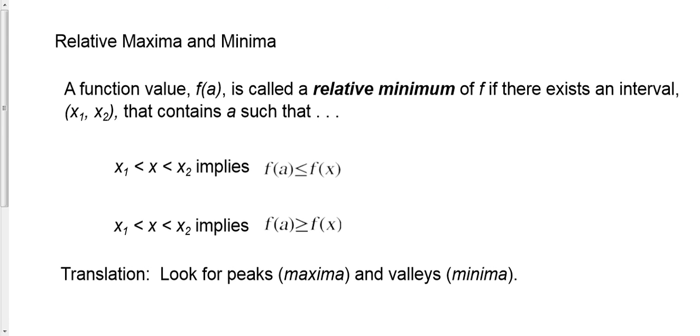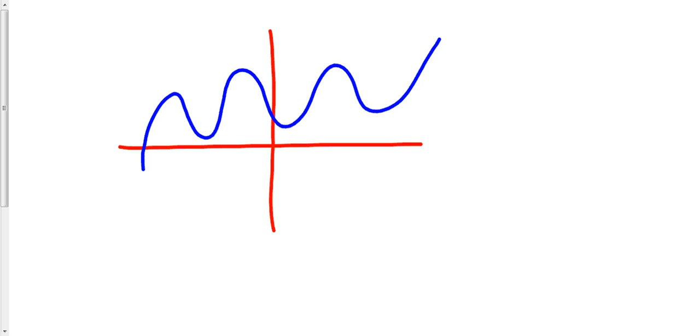Now, relative maximum and minimum. I think this is easier if we look at a graph. If I have a graph that does that, there are all sorts of relative maximums and minimums in that graph. Where are they? Where are the relative maximums?